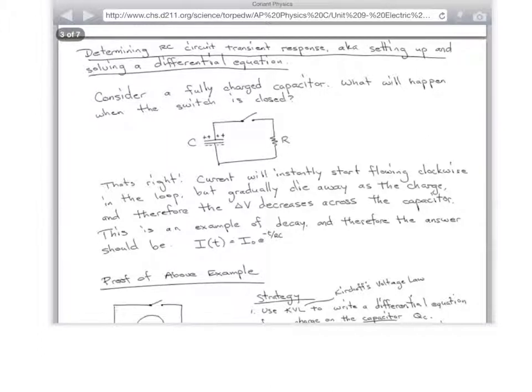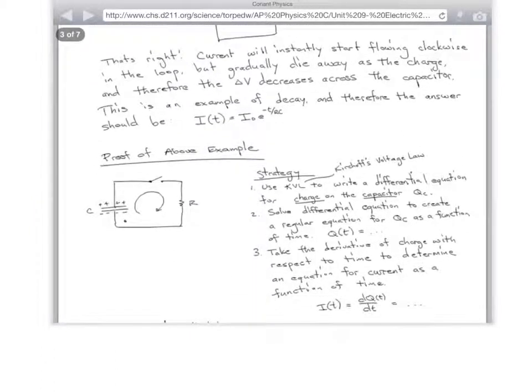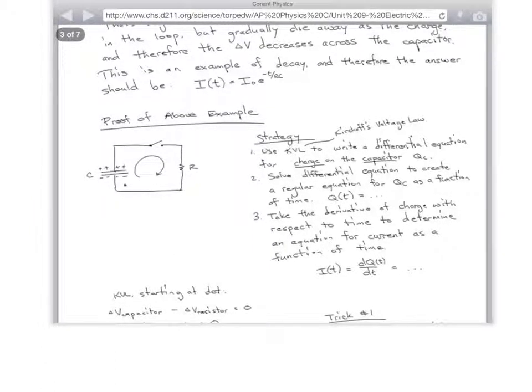Let's prove it. So, the reason I have you do all that Kirchhoff's laws practice is because of this. We are going to use Kirchhoff's voltage law, or the loop law, from here on out for the rest of the year.